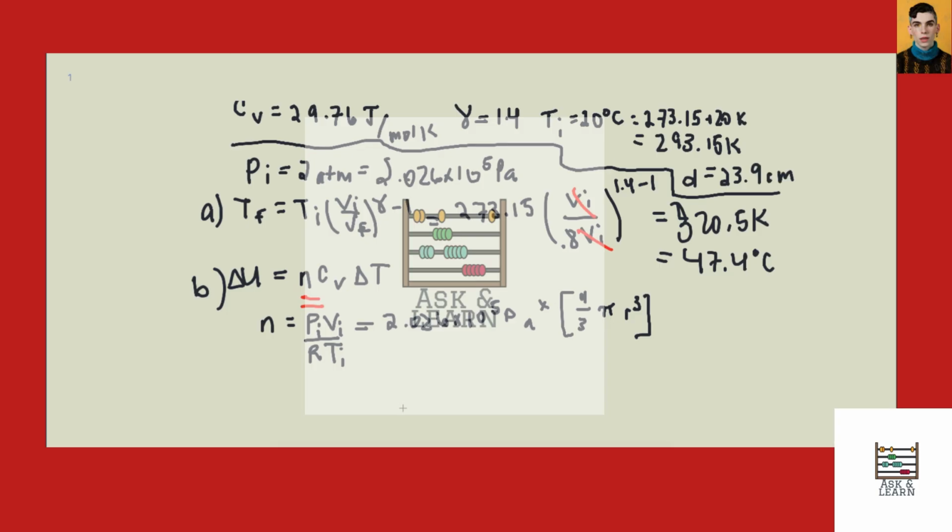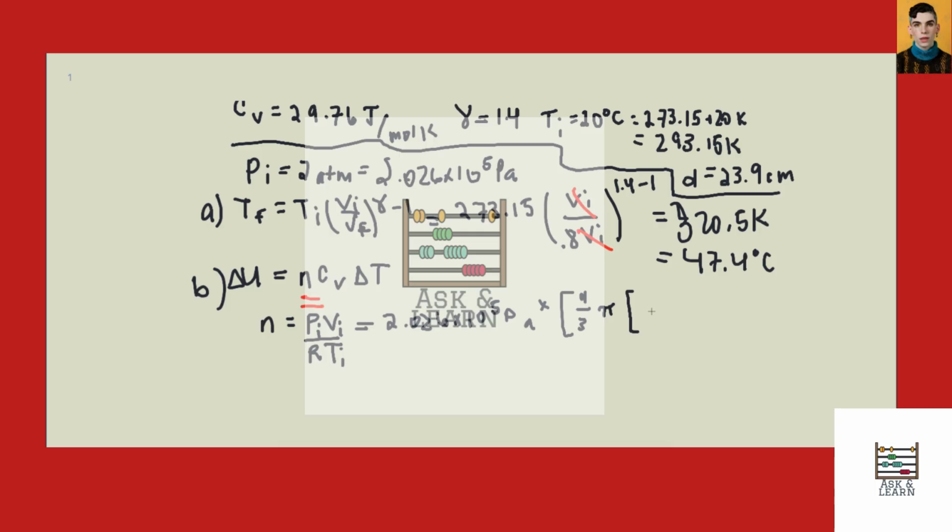I'm going to go ahead and erase radius and actually put the radius in since I'm doing numbers here. So the radius is going to be half the diameter, and we also need to convert it to SI units to make sure we get moles for our units of n.